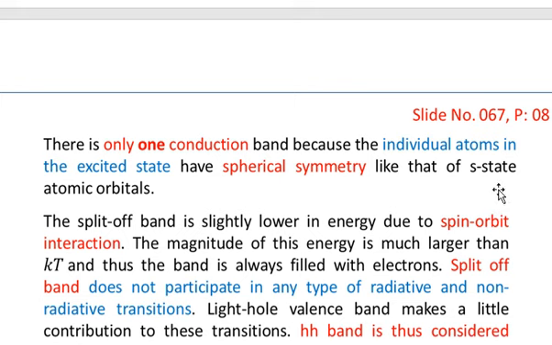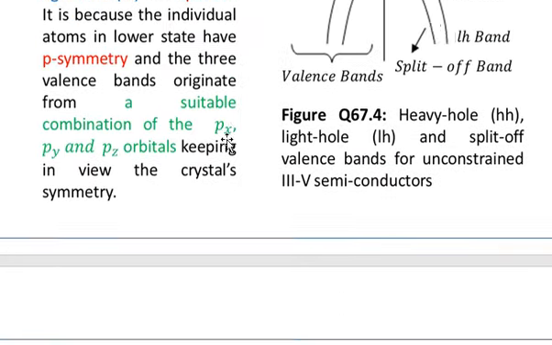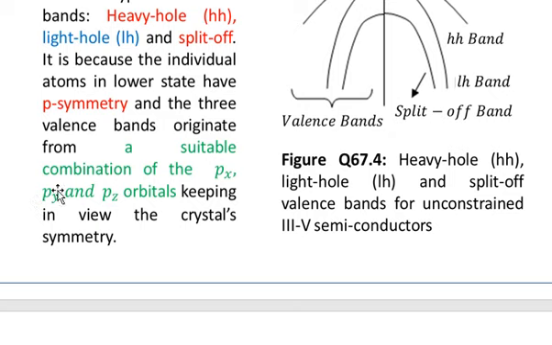You see that the S state atomic orbital is spherical in shape, and each atom in the conduction band has a similar spherical symmetry, and due to that the conduction band has only one band, because the individual atoms in the excited state have only one spherical symmetry. But you know that this is not the case for the valence band, where we have px, py and pz orbitals.